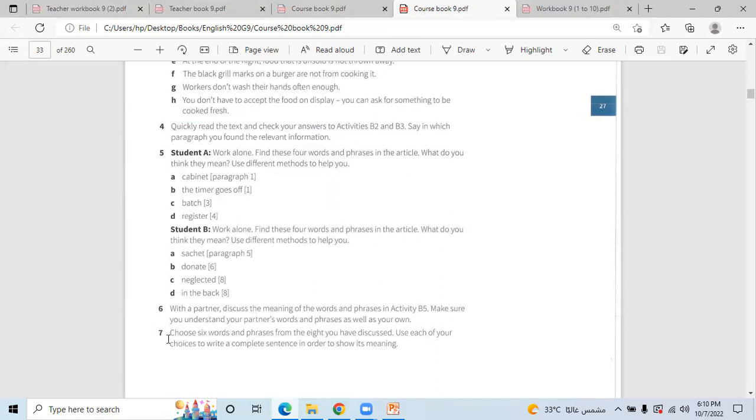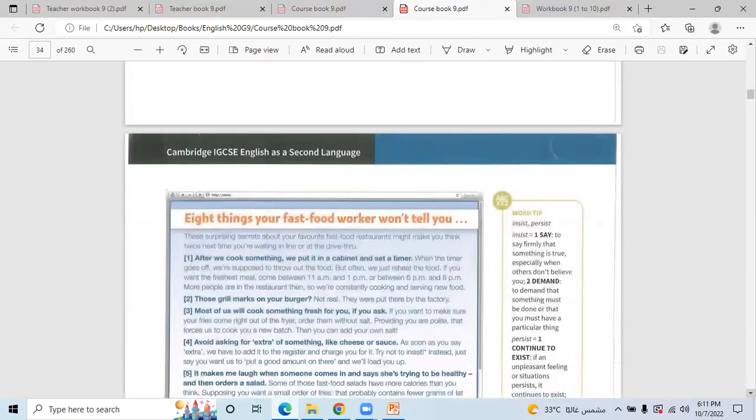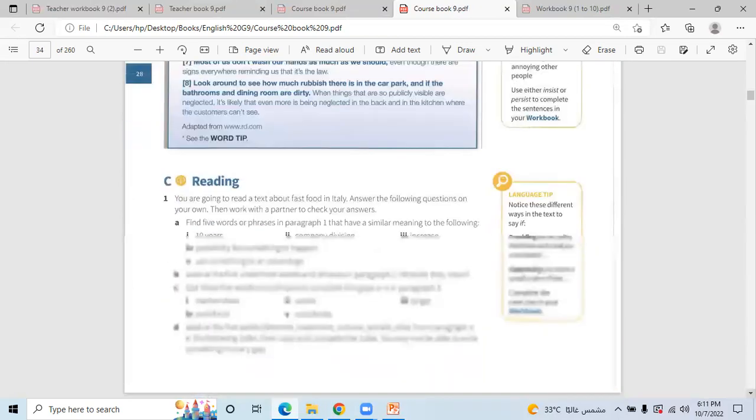Then number seven, choose six words and phrases from the eight you have discussed. Use each of your choices to write a complete sentence. You can see here: cabinet, timer, batch, register, search, donate, neglected, and in the back. It is a type of activity which we have performed during the class.